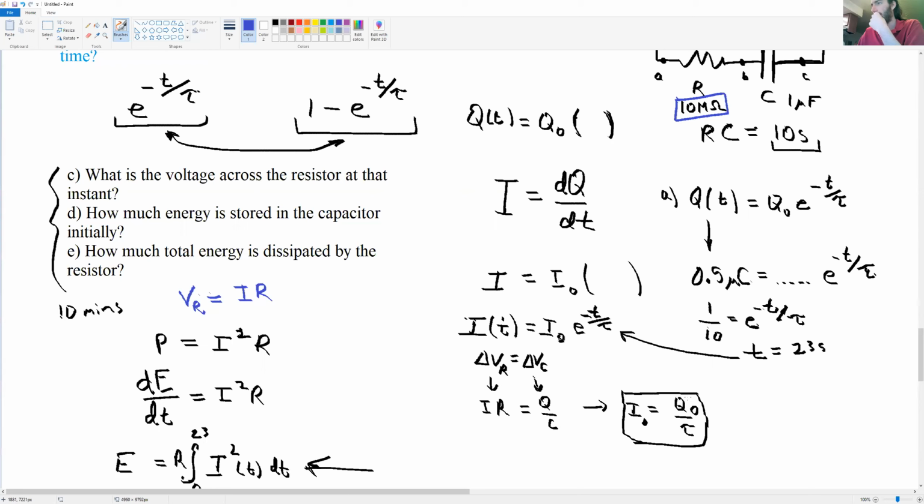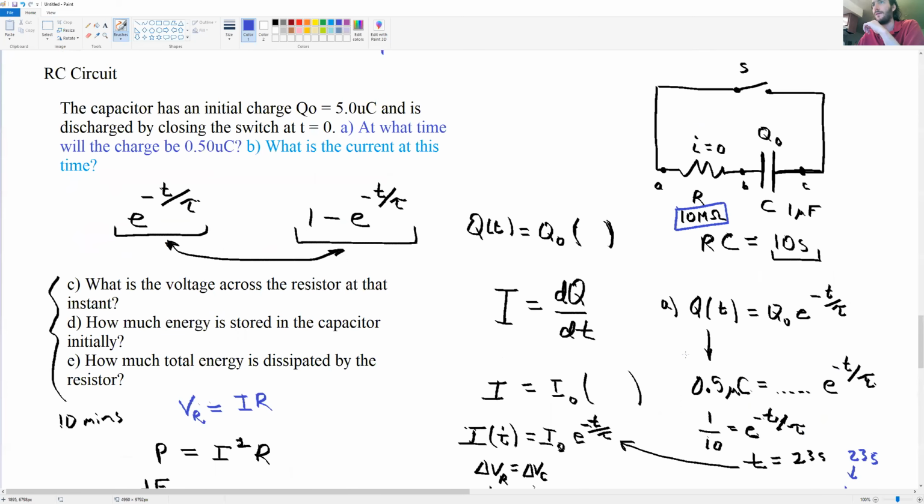If we write the current down as a function of time for this circuit, it is Q0 over tau e to the minus t over tau. And we want to plug in 23 seconds for t.